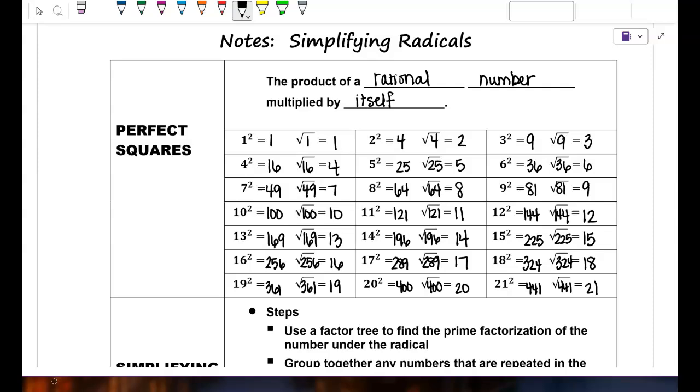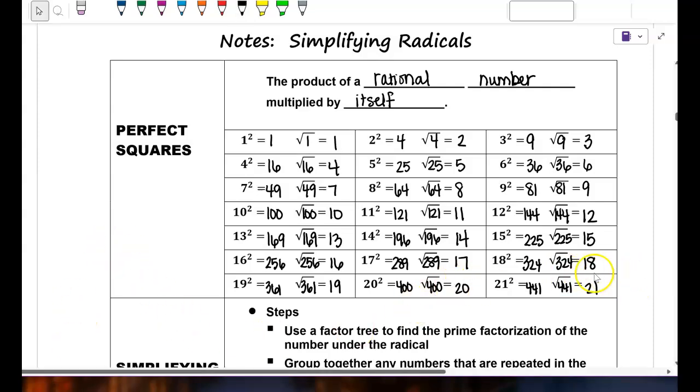Now, we can get it all the way down to its prime factorization if we don't recognize these. But it helps if we're aware of these perfect squares and what their square roots are. It makes it a lot easier for us to simplify the square roots.